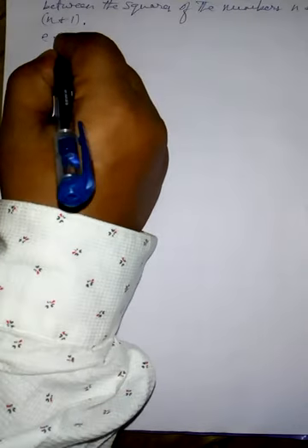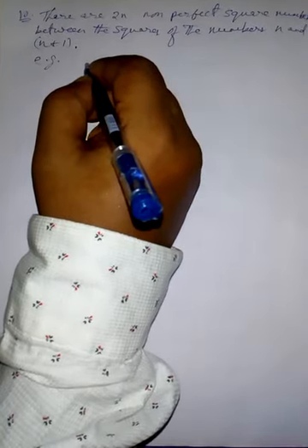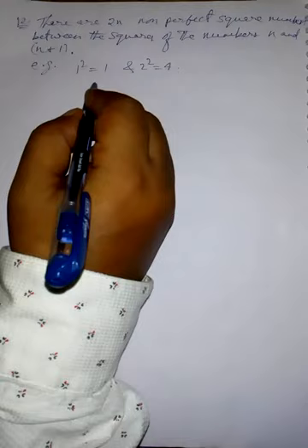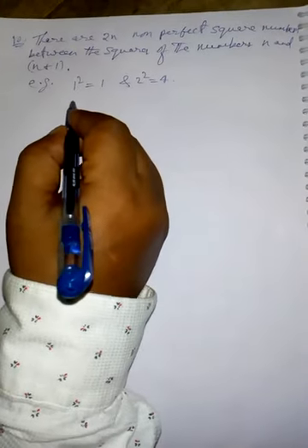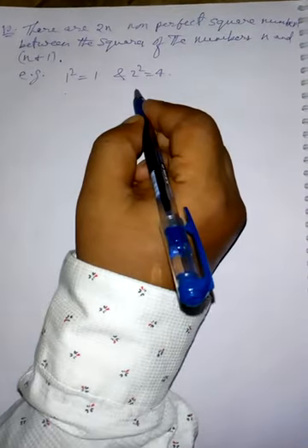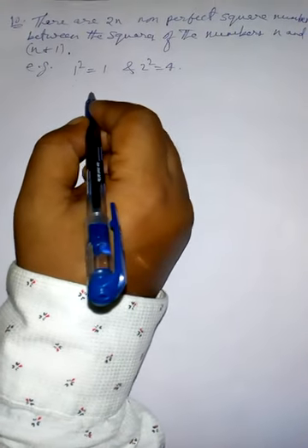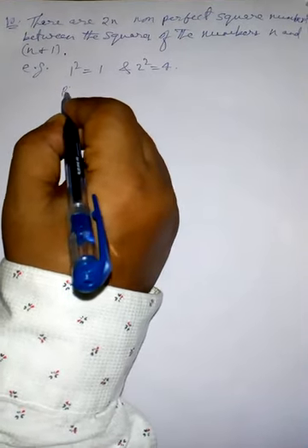Let's see with an example. Suppose 1 square is equal to 1 and 2 square is equal to 4. So here n is 1 and n plus 1 is 2.